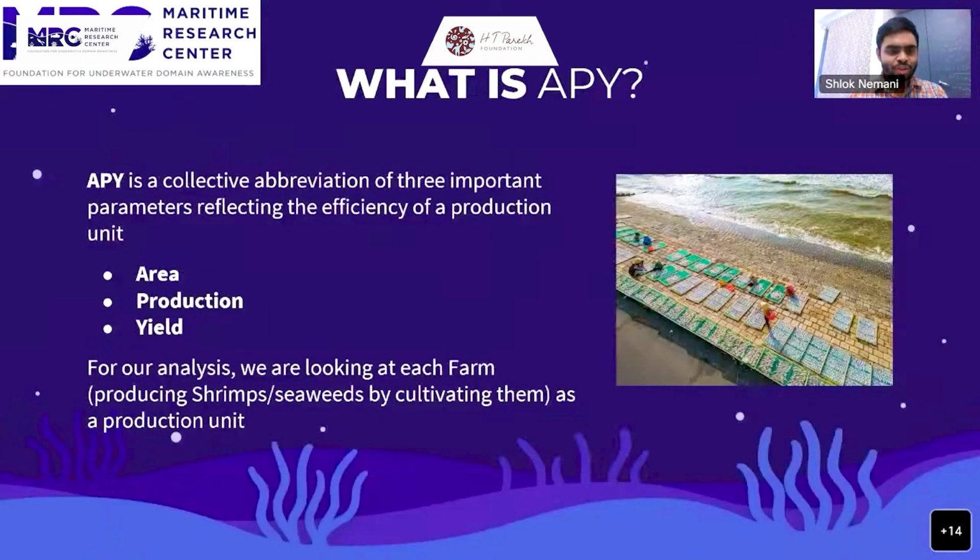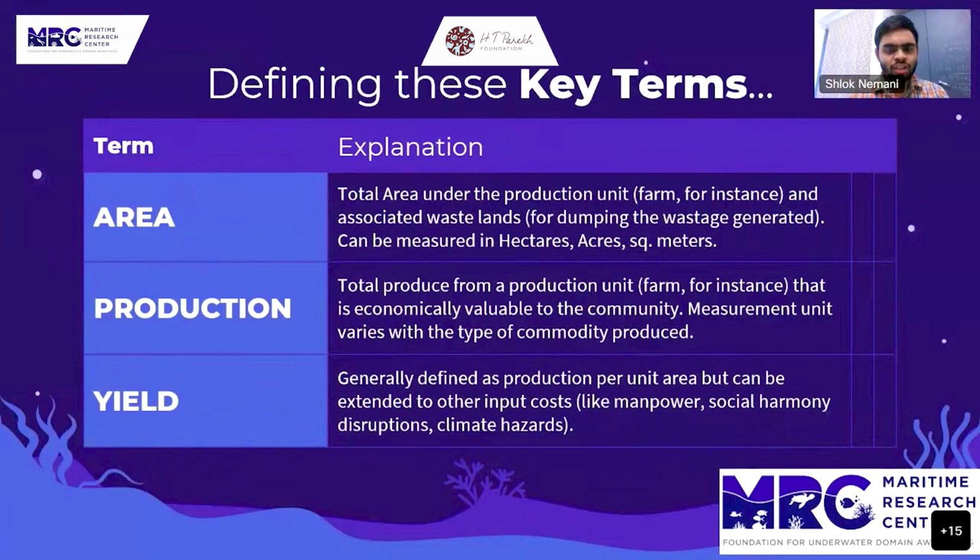So what's APY? APY is just a collective abbreviation of three important parameters which reflect the efficiency of any production unit: area, production, and yield. For our analysis, we will be looking at each farm as a production unit. The area is the total area under the production unit, the farm for instance, and not only the farm, the associated wasteland used for dumping the waste generated also needs to be considered under area, because area is a scarce resource and has to be used in a justified manner.